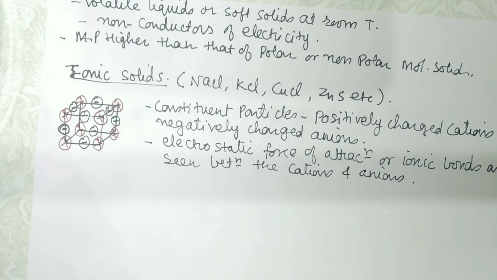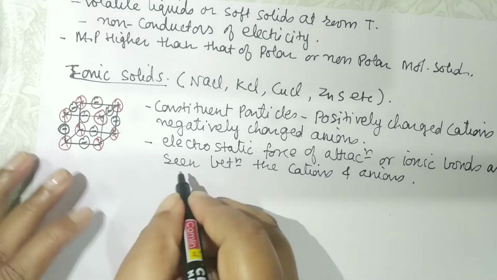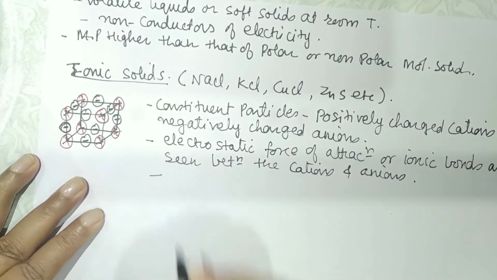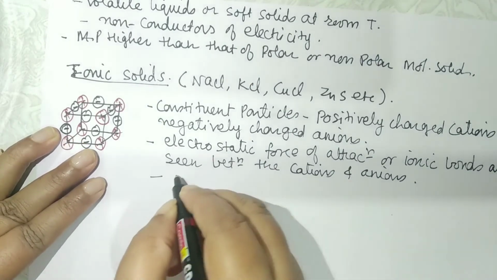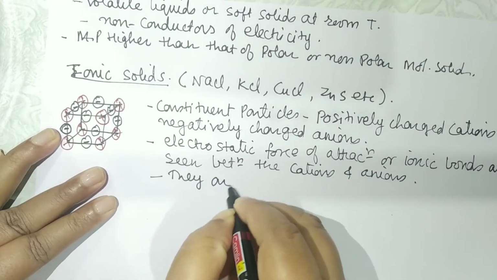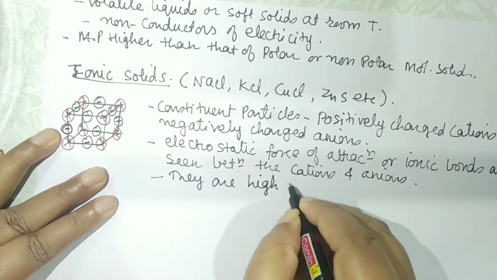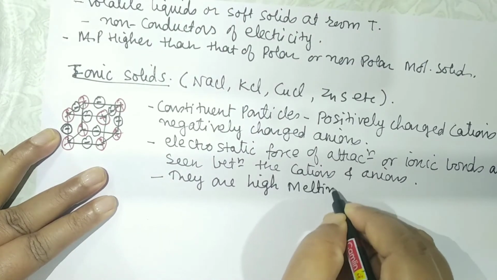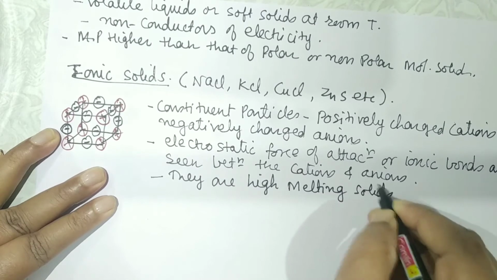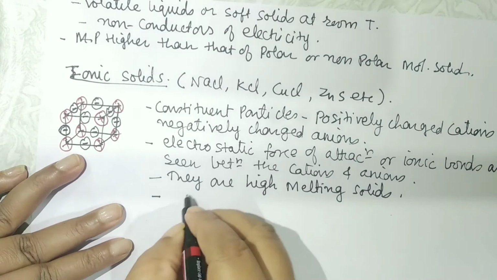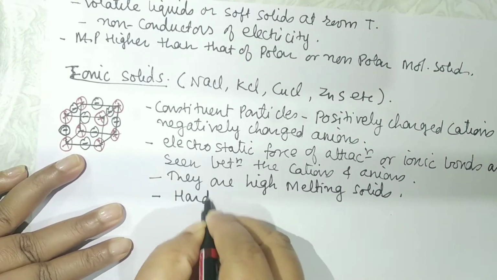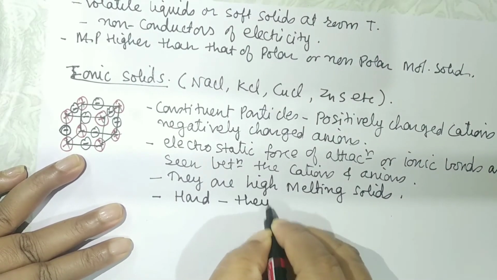So this is about the ionic solids. Very important to note that the electrostatic force of attraction is very, very strong. And because of this, what can be the characteristic? Because of the strong electrostatic force of attraction, they are high melting or boiling solids. Next important is, as the bonds are strong, the crystals are hard, but rather we use the word that they are brittle.